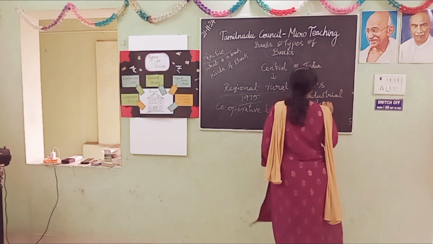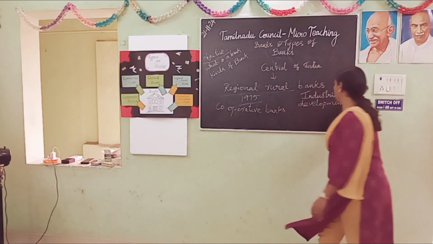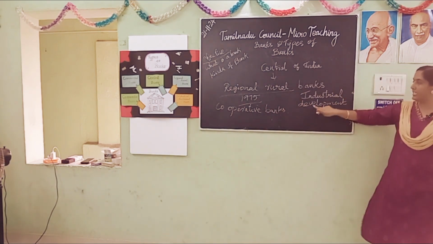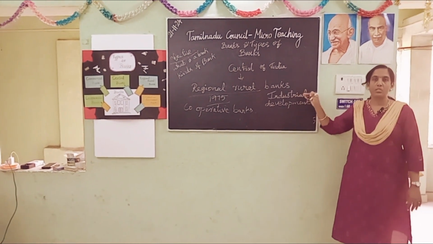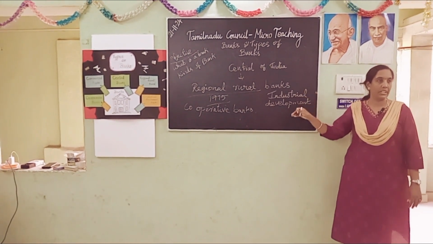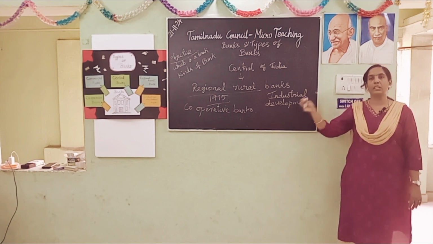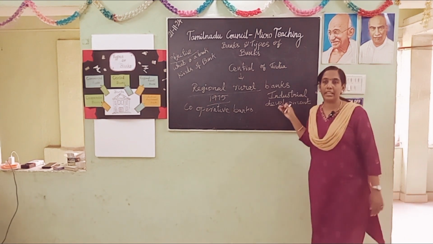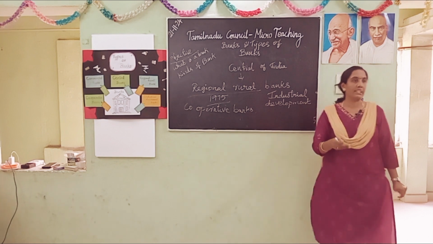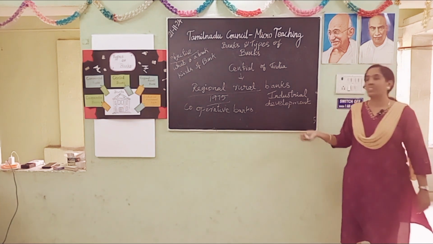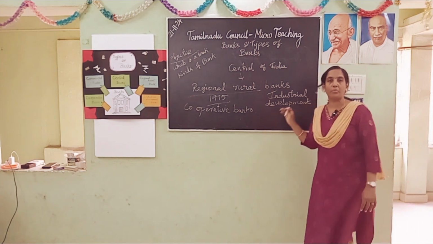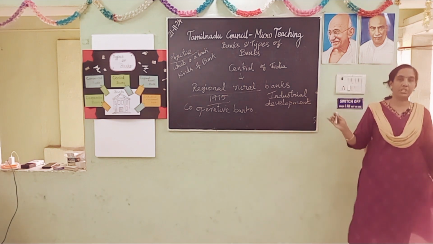From each name you can guess, right? The work of industrial development banks is to provide loans in order to develop industries, either in the small sector or the large sector. Examples are State Finance Corporation or Industrial Finance Corporation.